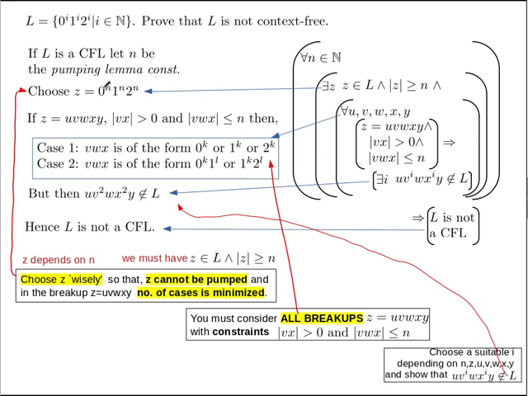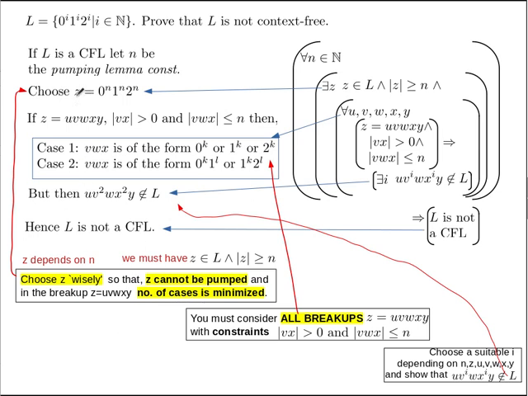From this choice you can see that vwx cannot have 3 different symbols, because in order to have 3 different symbols it has to go from the 0s to the 2s. So it has to include all the ones. Then the length of that thing will be more than n, but it cannot happen because of this constraint. So that is why I say that this number of cases should be minimized.